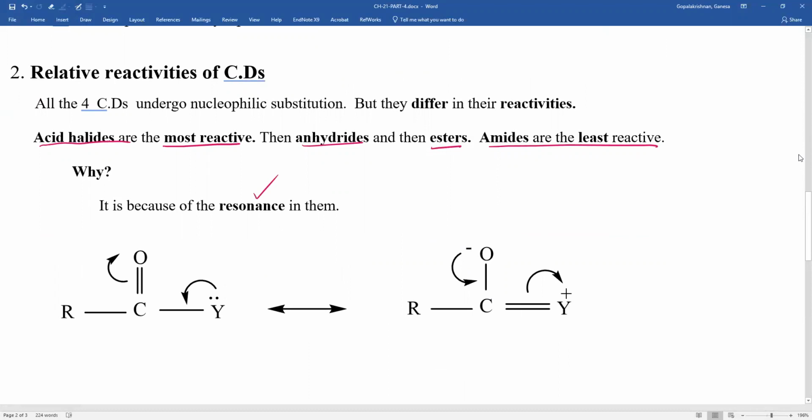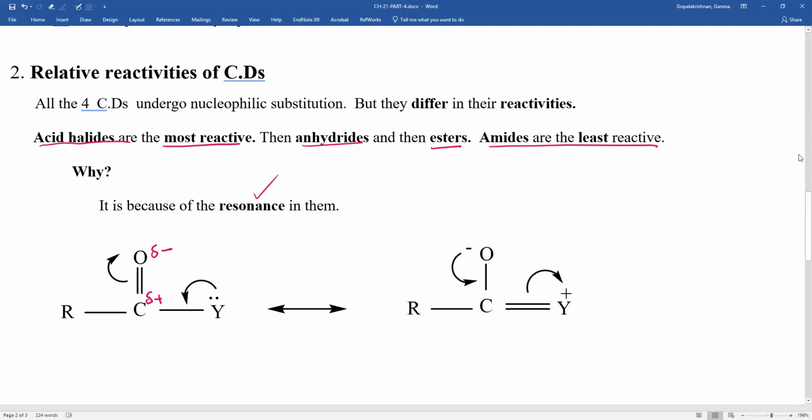In all the four, the Y group has one or more lone pairs, so this resonance is possible. What is the result of this resonance? Number one, resonance stabilizes the molecule. The second, it decreases the amount of positive charge on the carbonyl carbon.